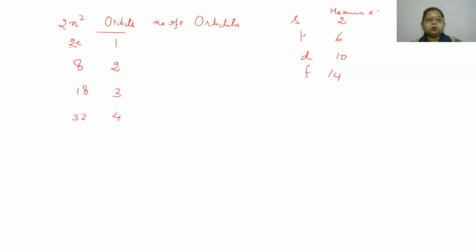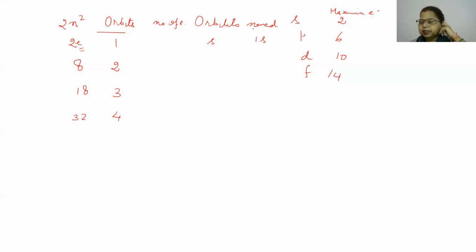Okay. Now, how many orbitals is each one going to have? The s orbital has 2, p has 6, d has 10, and f has 14. Now, what we have to do? In the first orbit, you have to accommodate only 2 electrons. So, in terms of orbitals, the first orbit will have only an s orbital. And that orbital will be named 1s, indicating that it is the s orbital of the first orbit.